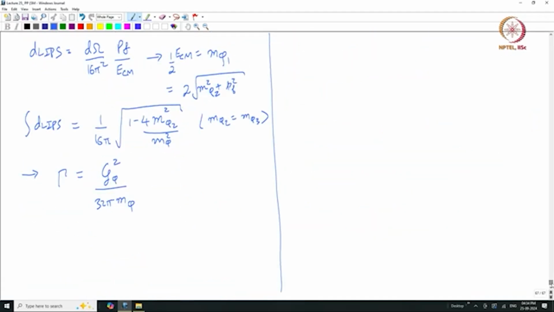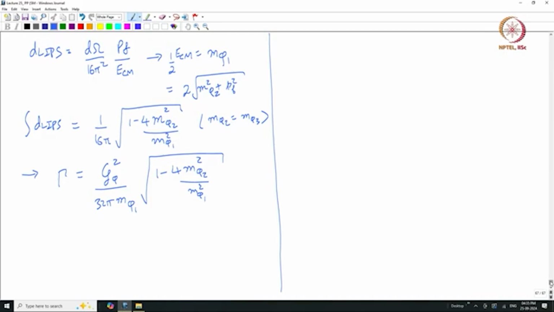So that is what I have written here, and the 2 multiplies the 16, I get 32, and I have 1 minus 4 m phi 2 squared, over m phi 1 squared. Of course, this is also m phi 1.